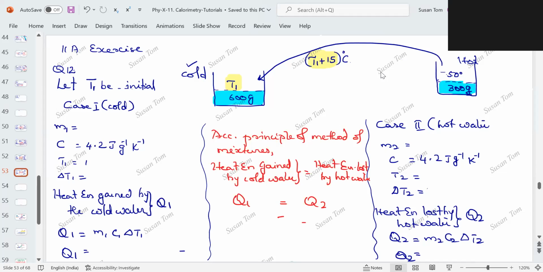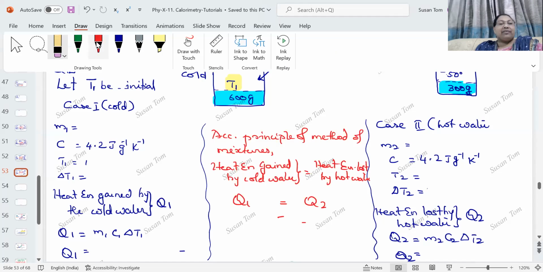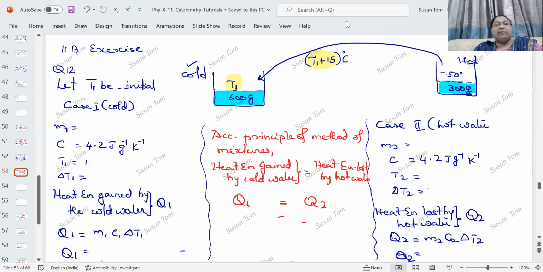So how you have to write these statements? Let T1 be the initial temperature of the cold water and its final temperature, therefore, since it's raising by 15 degrees Celsius, the final temperature after mixing will be T1 plus 15. You have to write both of these.